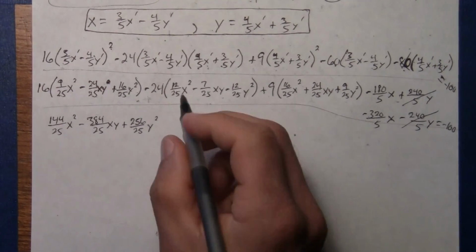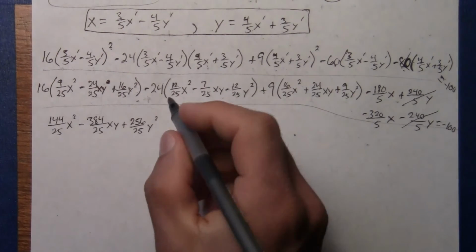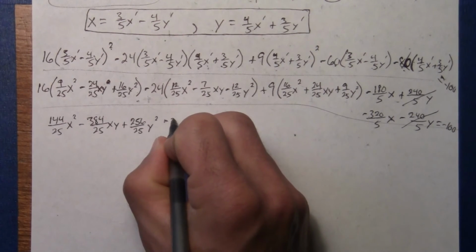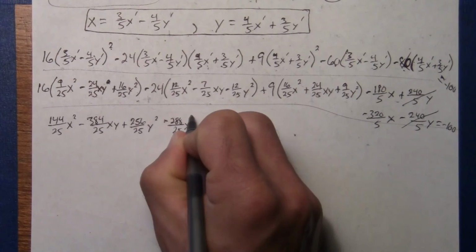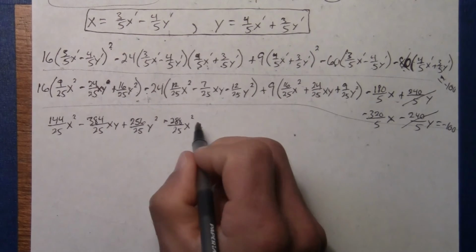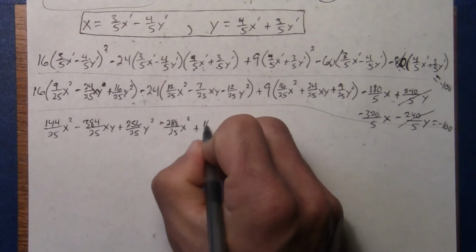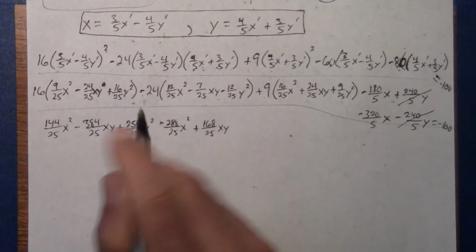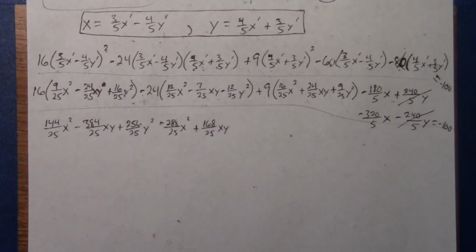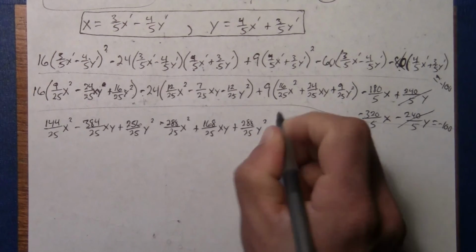Alright, here I've got negative 24 times 12. That should end up giving me negative 288, so minus 288 over 25 x squared. It's going to end up giving me a positive 24 times 7, which is 168 over 25 xy. And if I multiply 24 and 12 together, that's going to give me a positive 288 again over 25 y squared.